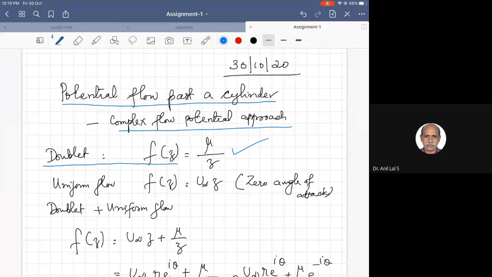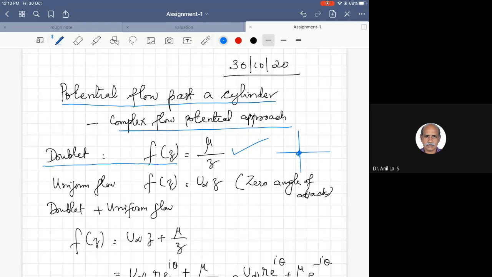mu by z, where z is the coordinate of any point and the doublet is placed at the origin. So the center of the doublet coincides with the origin of the coordinate system.